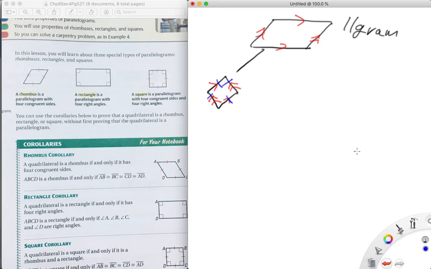Okay. And then we have a rectangle. And a rectangle is also a parallelogram, and opposite sides are parallel.